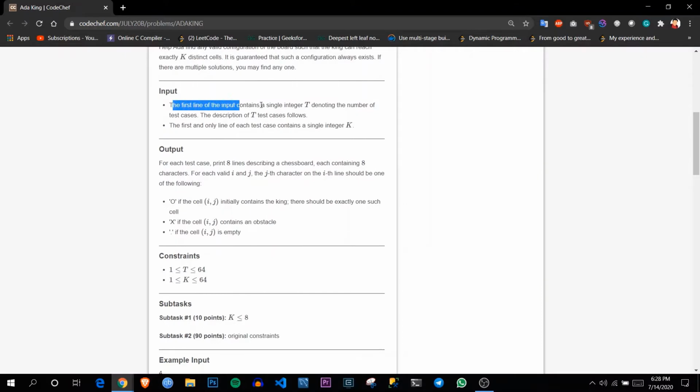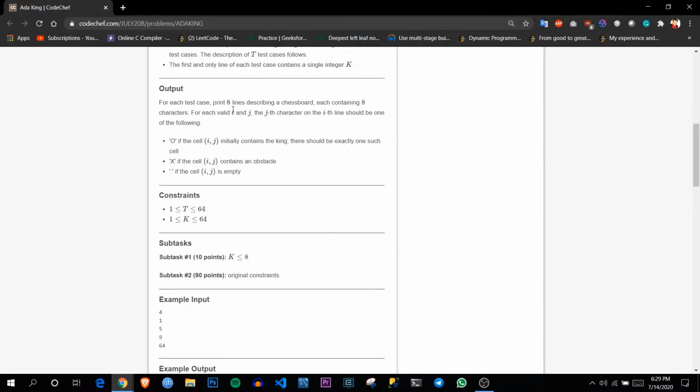Let's see the input format over here. The first line is obviously the number of test cases, and then the only line in each test case is given integer k. Given integer k means the k amount of distinct cells which the king can travel.